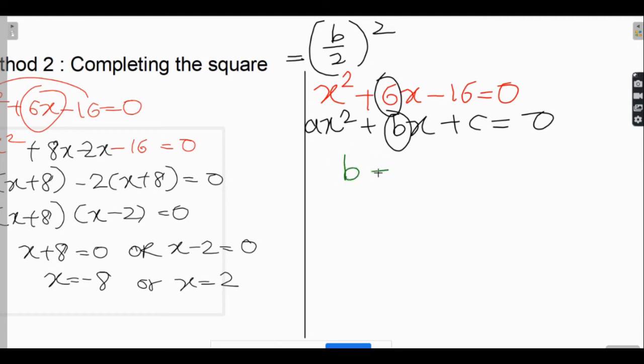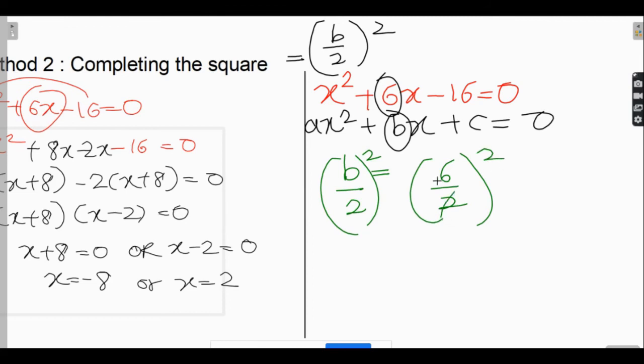So b is what in this case? I have to find b by 2 the whole square. So b is 6. So 6 by 2 the whole square. 6 by 2 is 3, and what is 3 square? 9. So 9 is my hero now. What is the formula? b by 2 the whole square, and whatever is the answer is your hero. So my hero is 9.